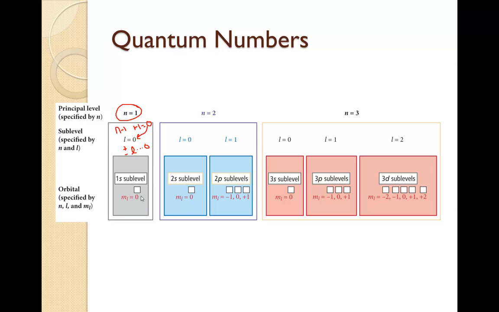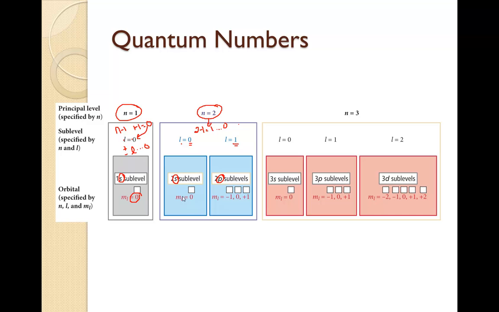Well, since it's 0, plus or minus would be 0. If N is equal to 2, that means L would be 2 minus 1, which is 1, down to 0. So here's 1, here's 0. L equal to 1 tells us it's P. L equal to 0 is telling us it's S. Just like L equal to 0 here is S.